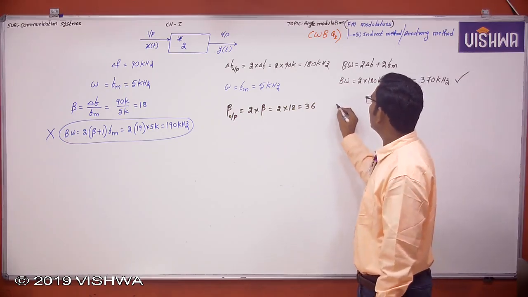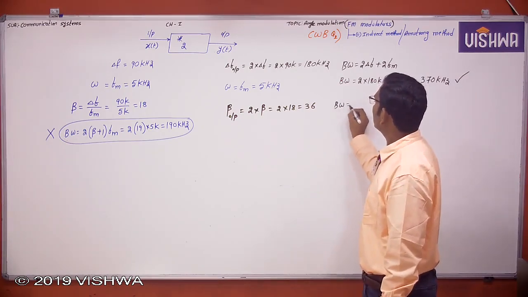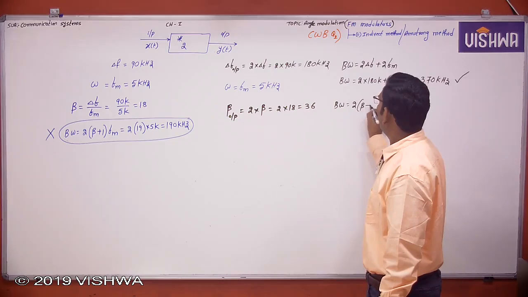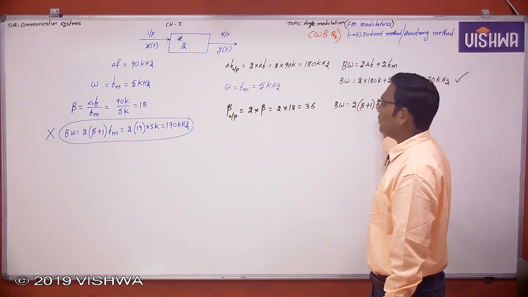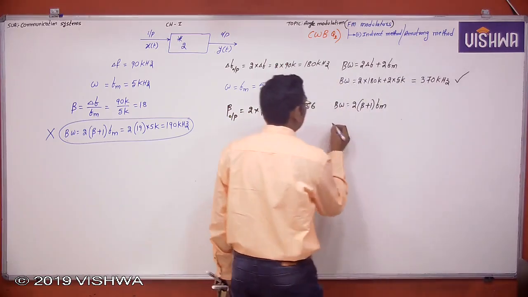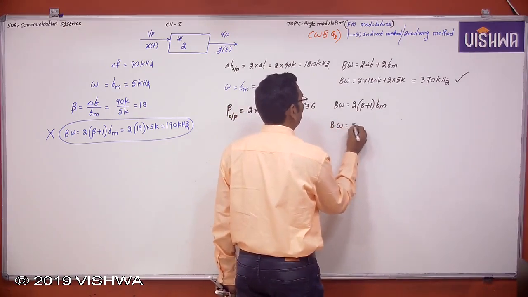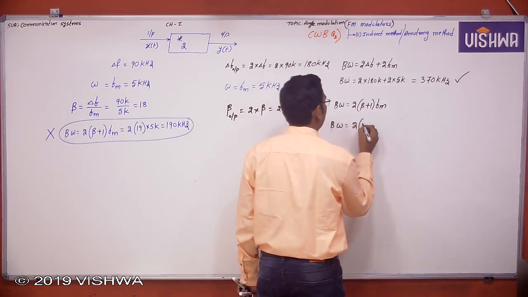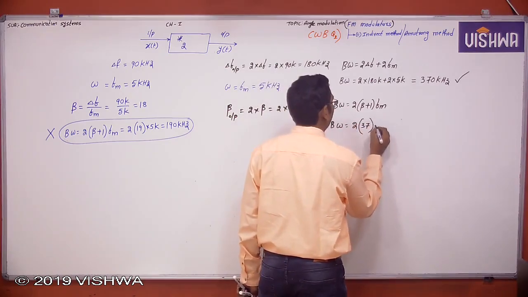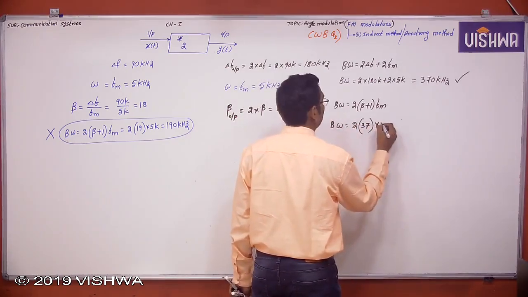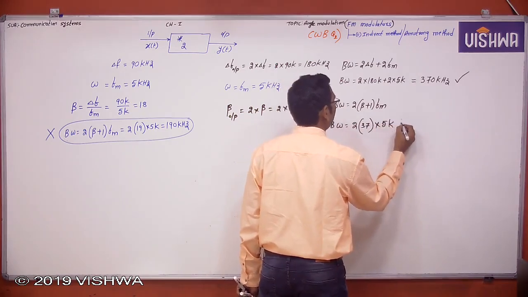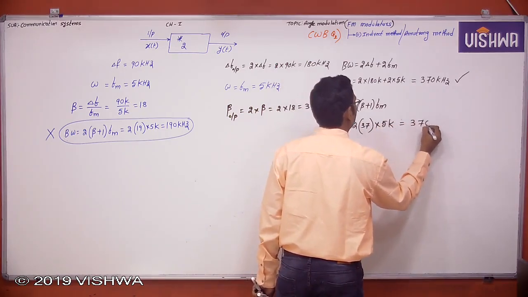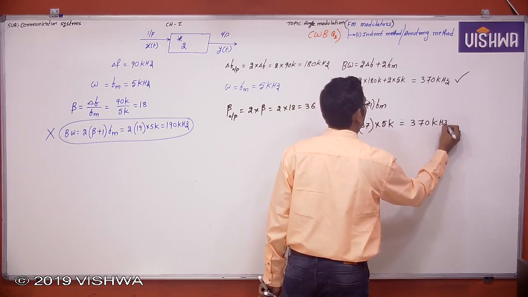Or you may use this one: bandwidth equal to 2 into (beta plus 1) into fm, which is 2 into (36 plus 1), 37, into 5 kilo, equal to 370 kilohertz. Both are the same. You may use either.